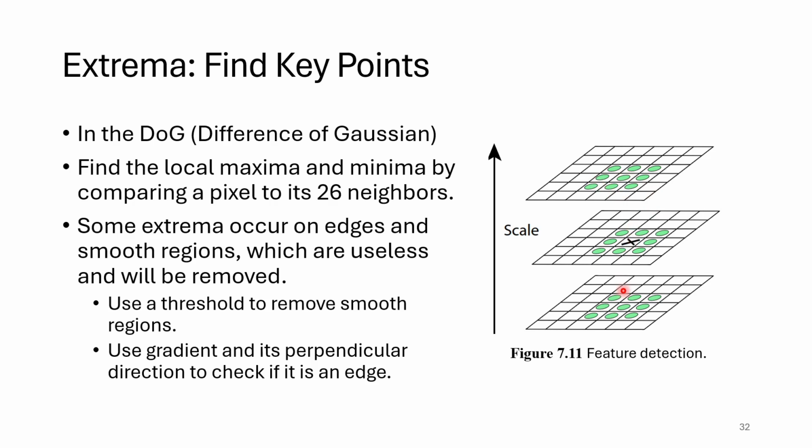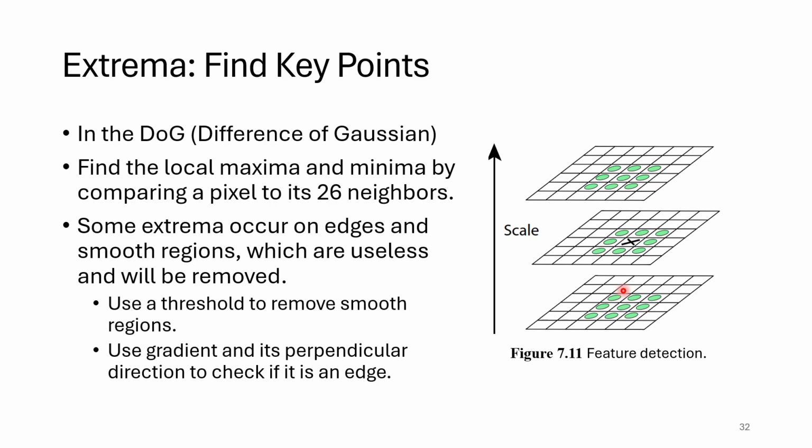So once they found the minimum or maximum value, it is possible it is an edge value. So they will further check whether it is an edge, a corner, or a smooth region. How do they do it? They will check the gradient of that pixel.